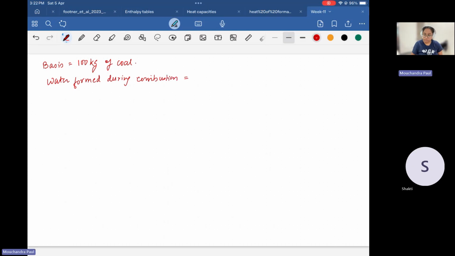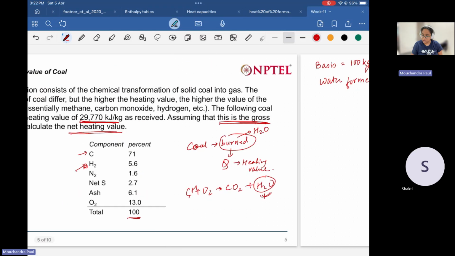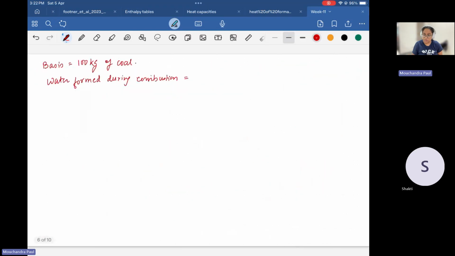The main component will be hydrogen. Hydrogen will contribute to it. So there is 5.6 kg of hydrogen.